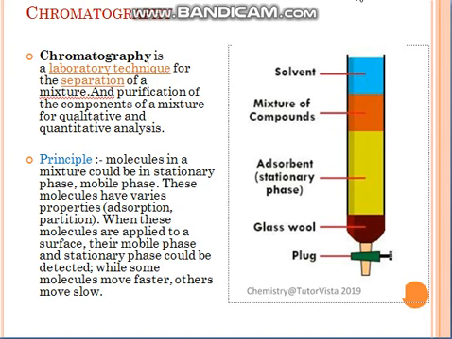So whenever a new surface is introduced to these molecules, the mobile phase and stationary phase of the different molecules would be different. So while some molecules move faster, the other molecules are slower in their mobility.